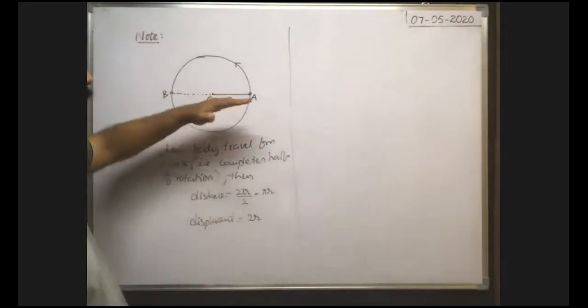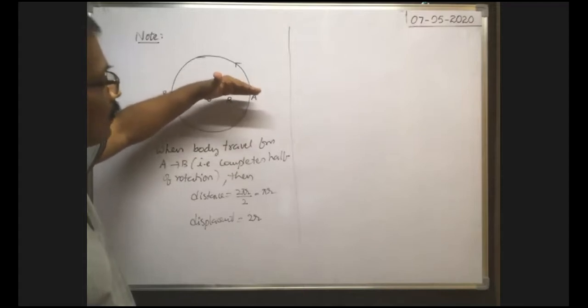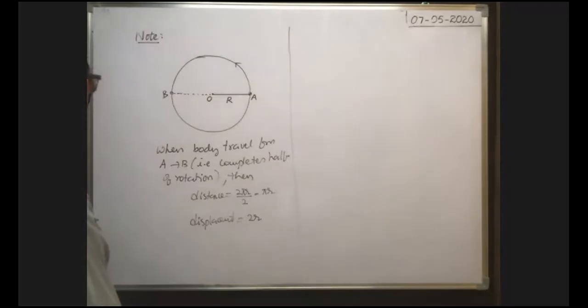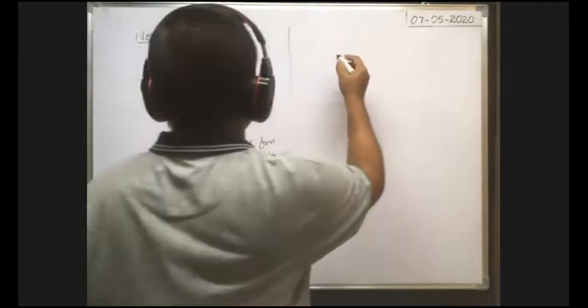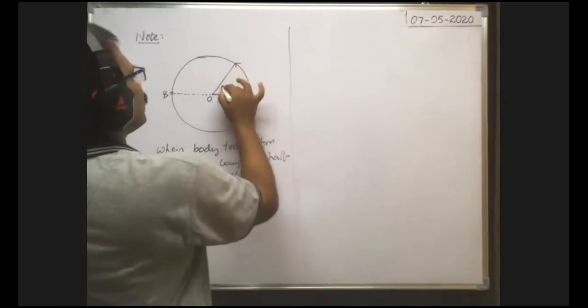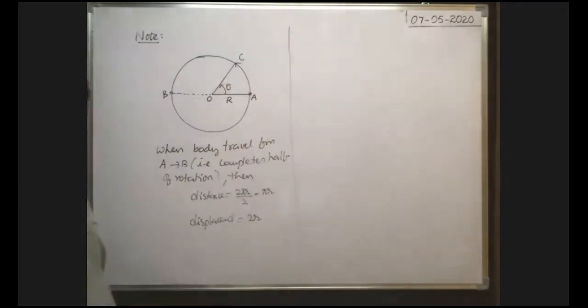Suppose the body travels along the circular path and it is displaced through an angle theta from the initial position. In such a case, suppose the body travels from A to C through an angle theta, that theta will be given, of course.